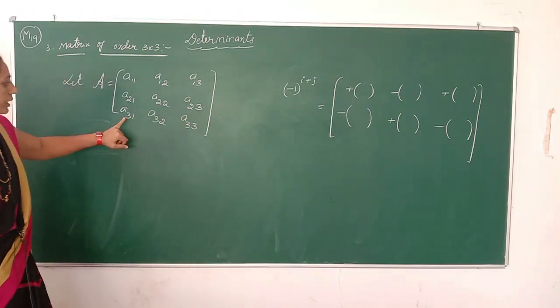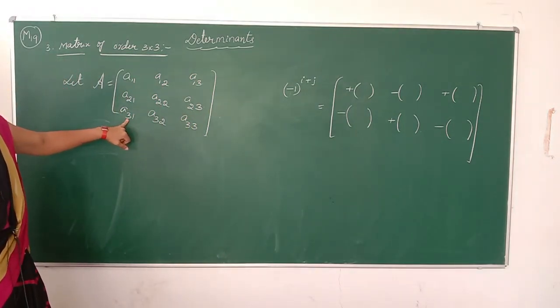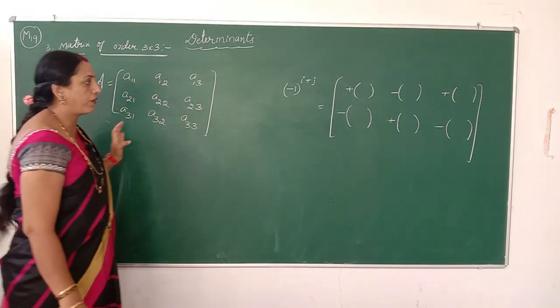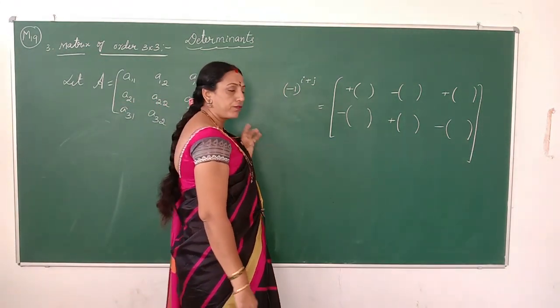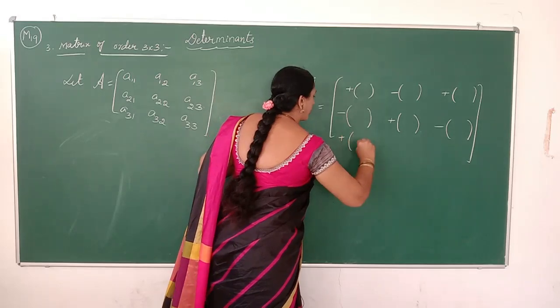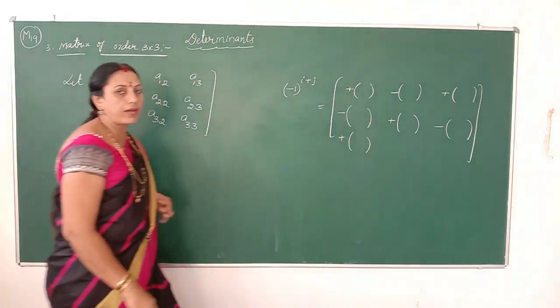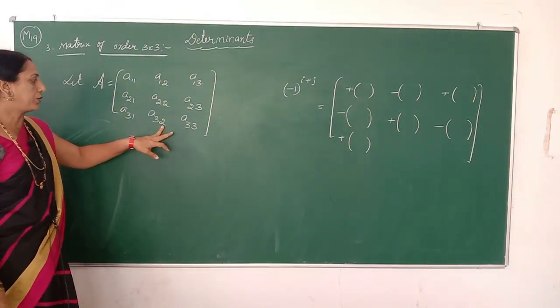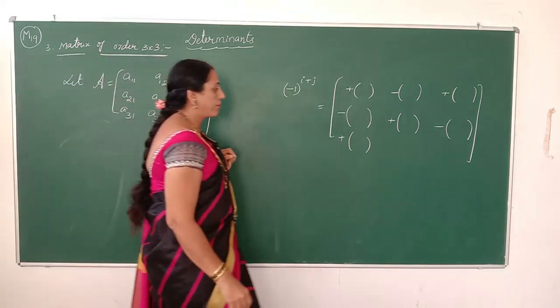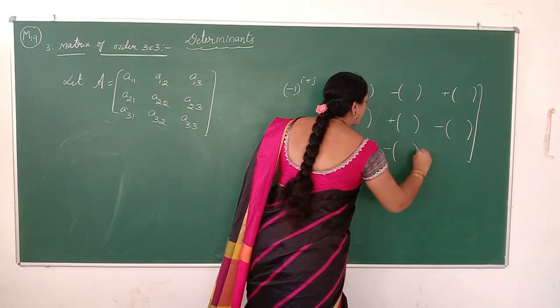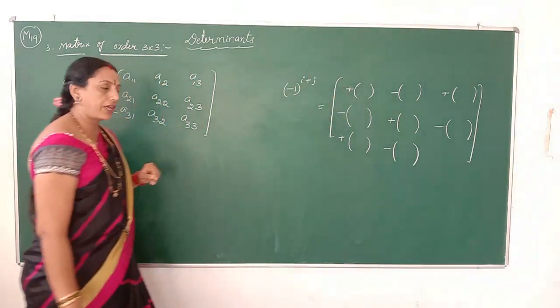Then the third row, A31: i is equal to 3, j is equal to 1, 3 plus 1 is 4, and (-1) to the power of 4 is positive. Therefore, such an element is multiplied by plus. A32: i is 3, j is 2, 3 plus 2 is 5, and (-1) to the power of 5 is negative.